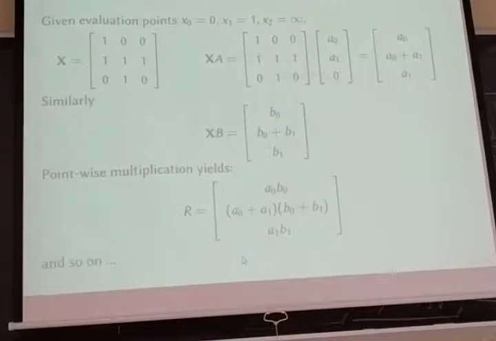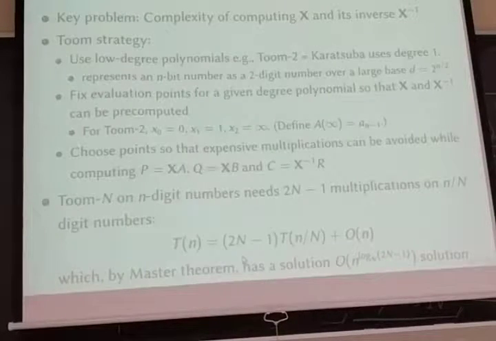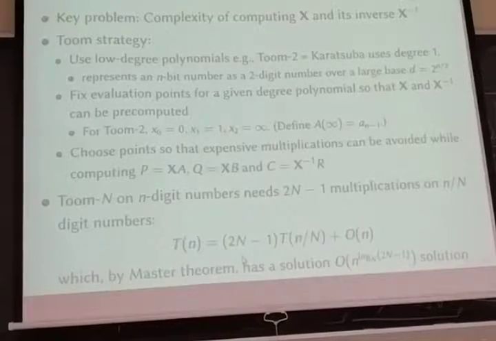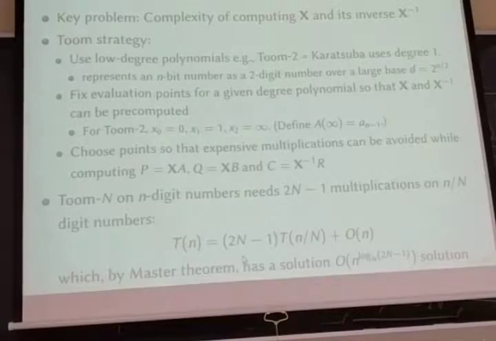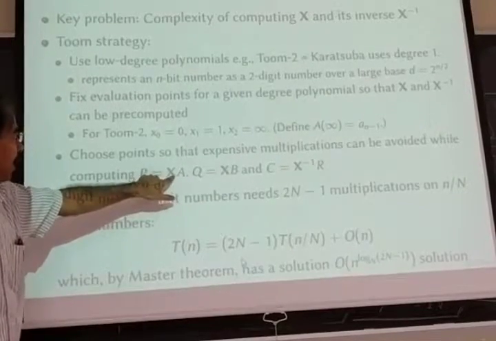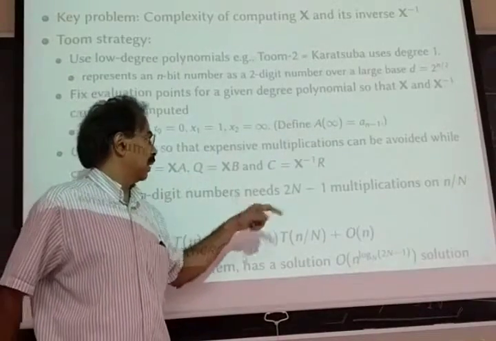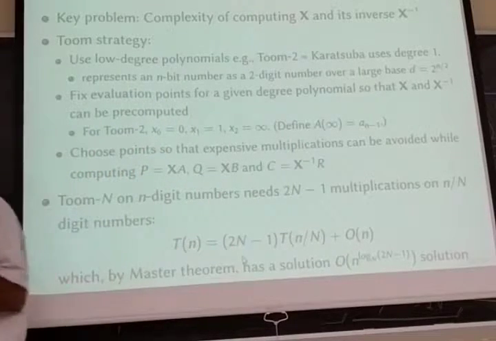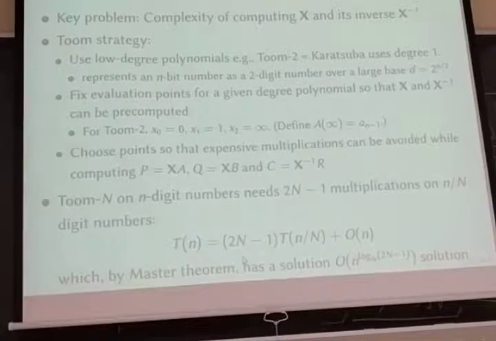This is basically the idea of Toom. You choose the points so that the multiplications x times a, x times b and x inverse times r all involve a small number of multiplications, not n squared.